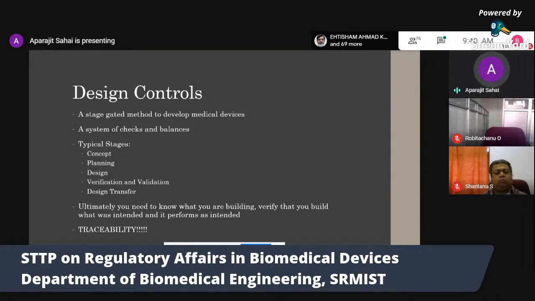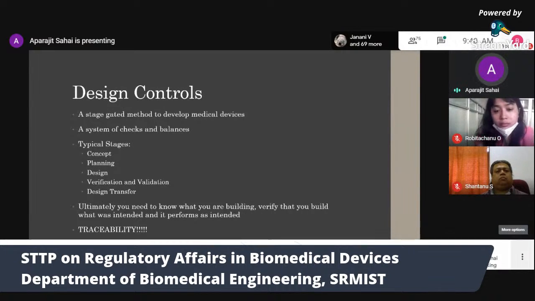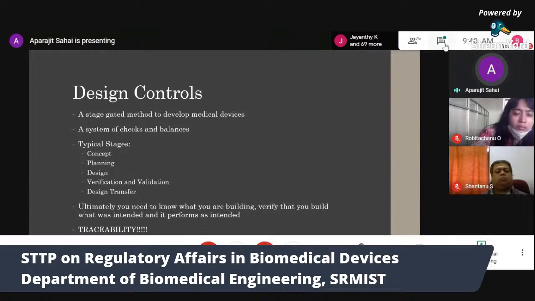So usually verification is done in a lab or in your office, where you test, you measure things, you do electrical measurements and such to make sure that you meet the product requirements, the specific engineering requirements that you have set out. But when you move on to validation, in most cases, validation is done in the clinic. You can do a clinical trial, a clinical study, or a usability evaluation.